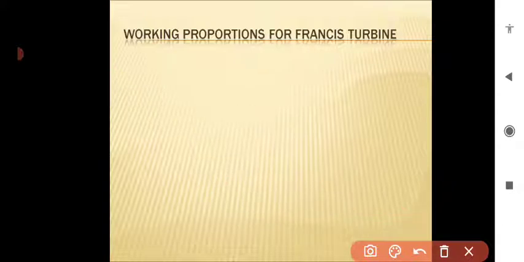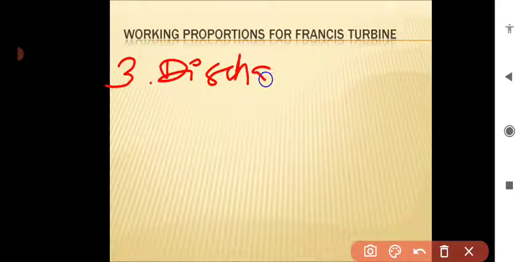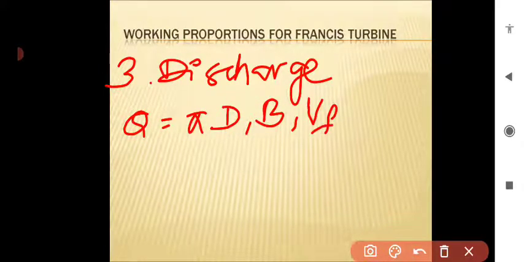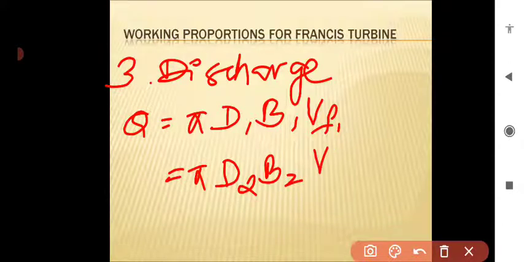And now the third one is the discharge. Q is equal to pi D1 B1 Vf1, that is equal to pi D2 B2 Vf2, where D1 is the runner diameter at inlet, B1 is the width of runner at inlet, Vf1 is the flow velocity at inlet.